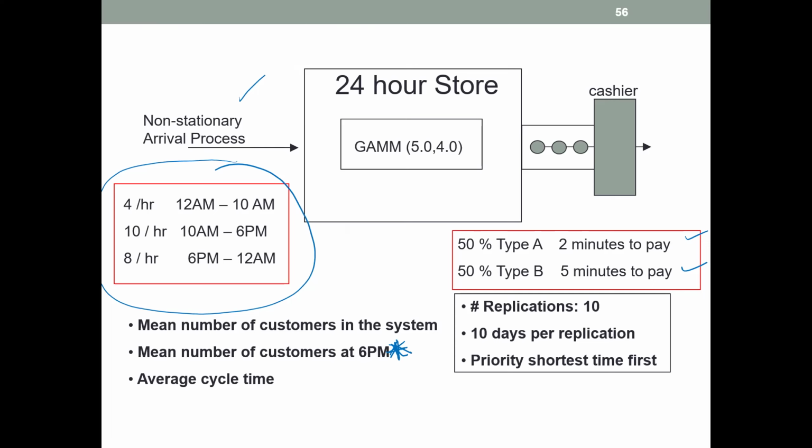We have a 50-50 split of two types of customers that differ in the time they spend paying. Customer type A will spend 2 minutes, and customer B will spend 5 minutes to pay. For the statistics, we're going to run this for 10 replications and 10 days per replication. And we are also going to look into how you prioritize the shortest time first.